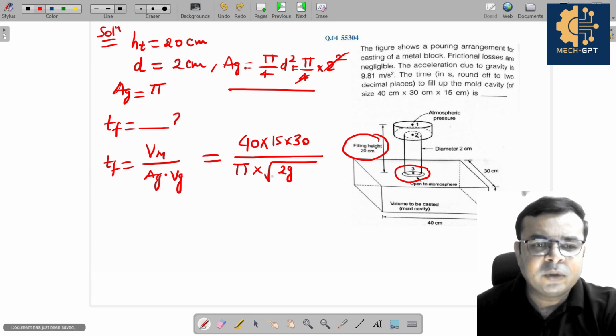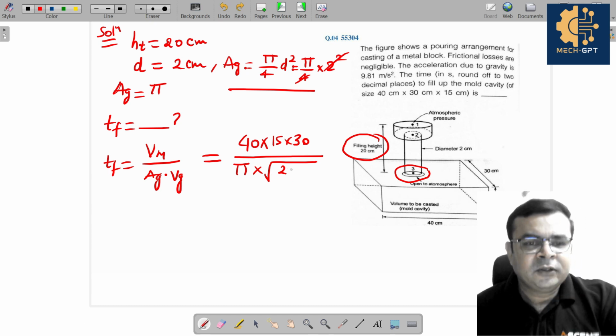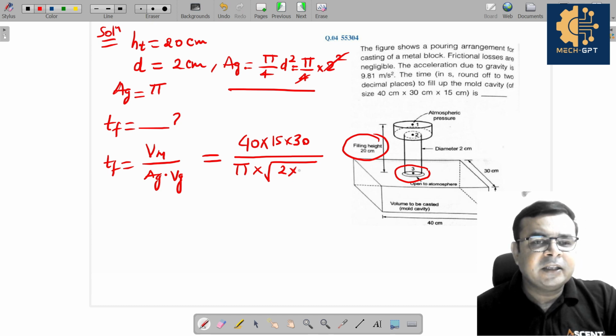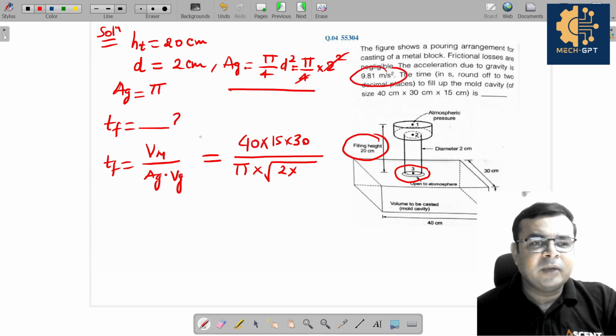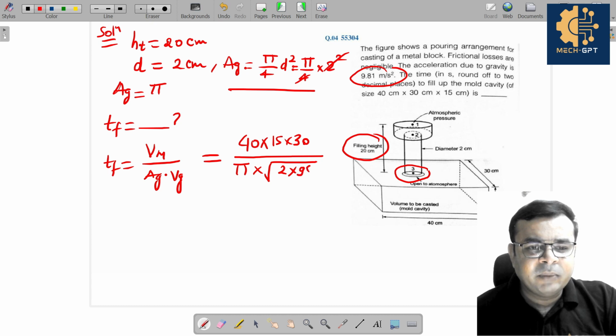So simply if I put the direct values, 2 into g, which is given here as 9.81 meter per second square. Obviously here we put all the values in centimeters, so we also need to convert this to centimeter. So it will be written as 981, and the height of the molten metal head, that is 20.